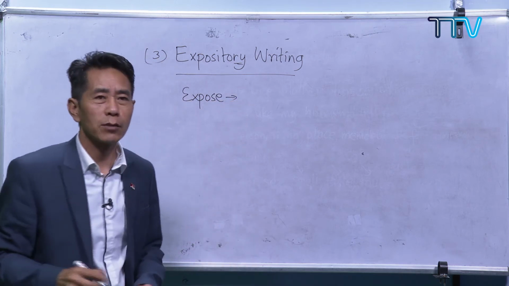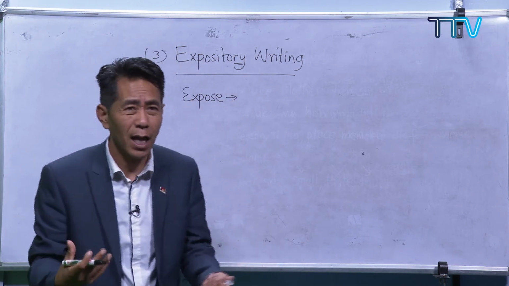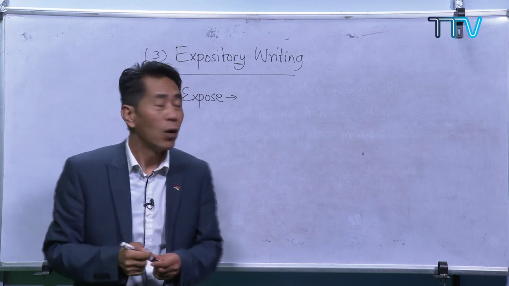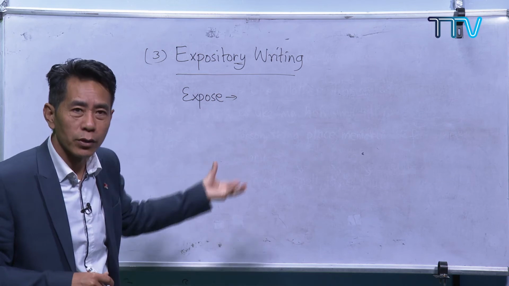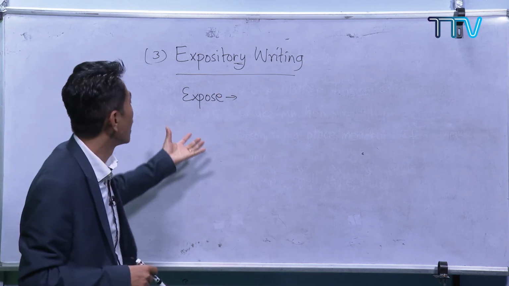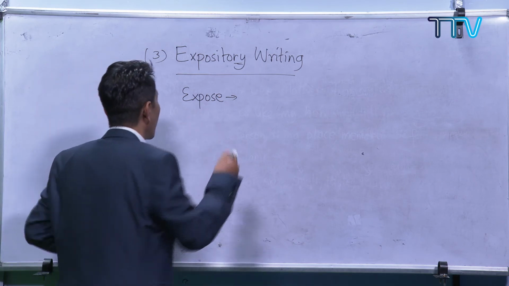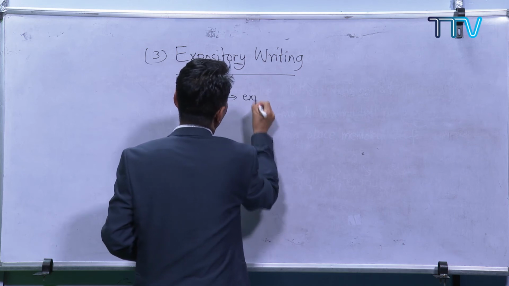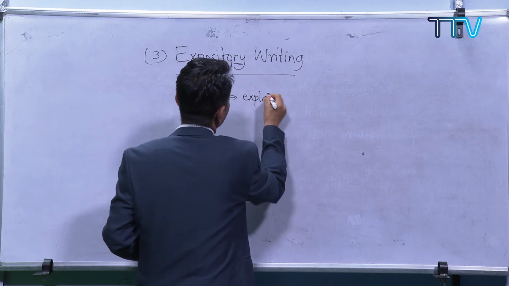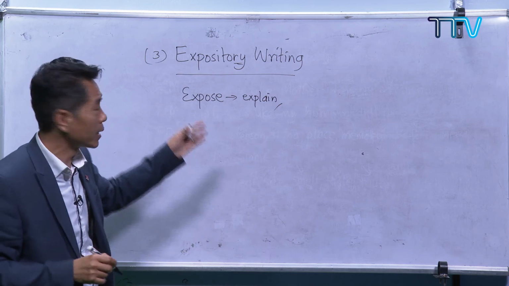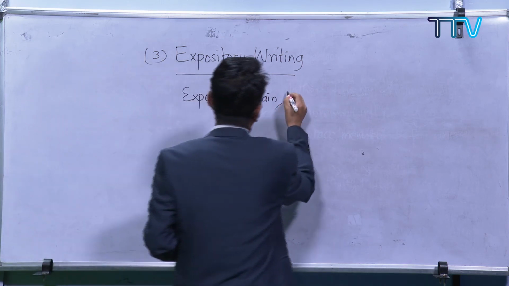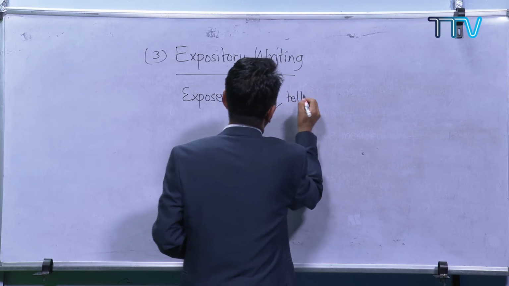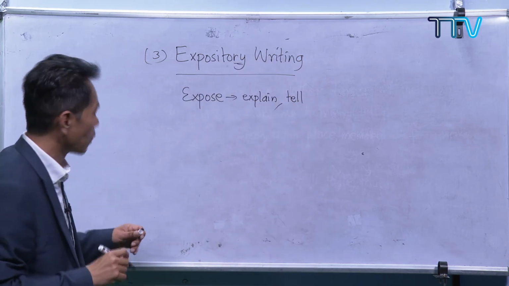So expose means you show, you tell, so many things. Now here the writer has a different aim. We are exposing, we are explaining something. This is a kind of writing where we explain, where we tell.